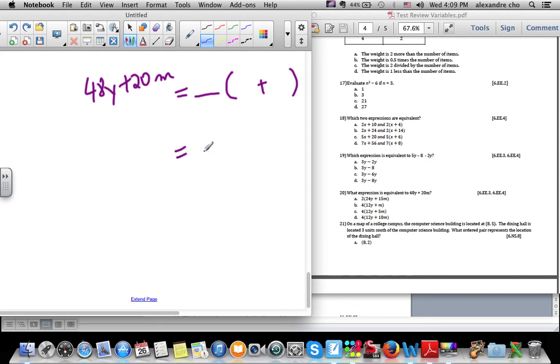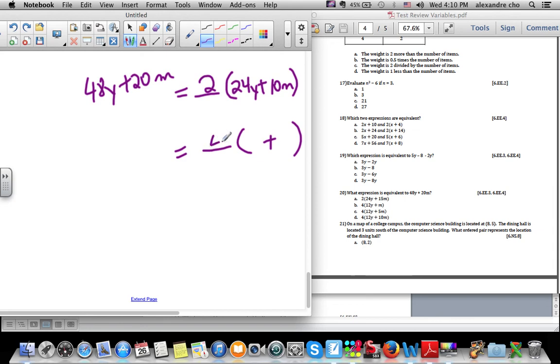So let's use the number 2. Number 2 goes into 48, number 2 goes into 20, so that works. So it would be 2 times 24y, and then 2 goes into 20 10 times, 10m. Is that what they have for A? No, they don't. They have 15m instead of 10m, so A is not it.